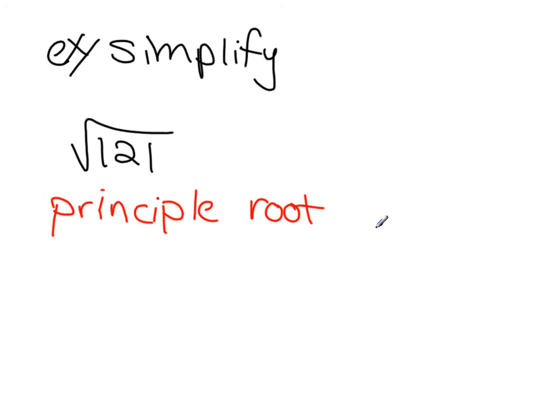The principal root is the positive square root. So it is automatically assumed when there's no sign out front that we're finding the positive square root, at least for our course. Sometimes people define them a little bit differently, but this is the most general one.